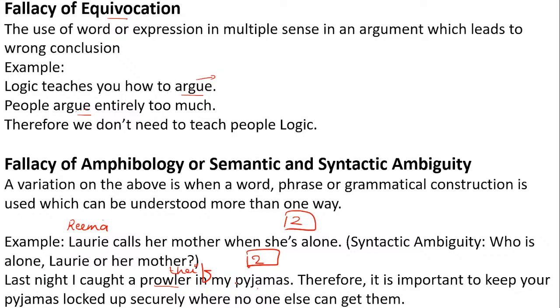It could be I was wearing my pajamas when I saw the thief, or it could be that when I saw the thief, he had changed into my pajamas. So this statement is having two meanings. This is the fallacy of amphibology, right?